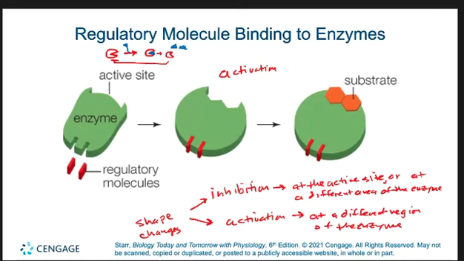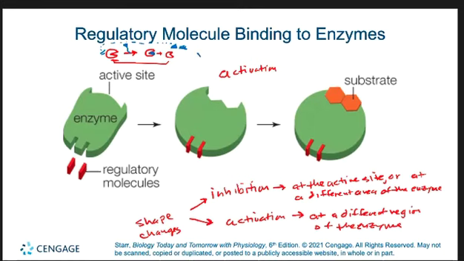Now, what happens when this concentration gets really high is that this might feed back and inhibit that enzyme so that it slows down or stops, so that we only make what we need when we need to make it, okay?